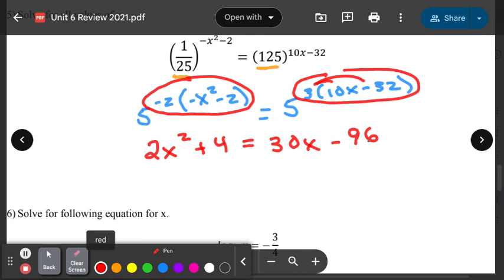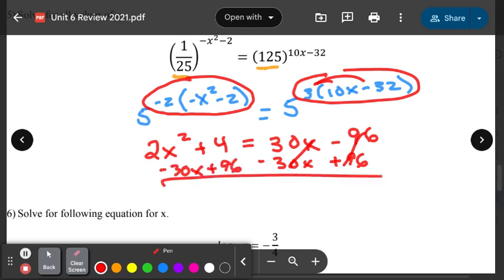So unfortunately for all of us, we have an exponent of 2, which you all know means we have to factor. So we have to get one side equal to 0. So I'm going to subtract 30x and add 96 on both sides. So I have 2x squared minus 30x plus 100 equals 0.